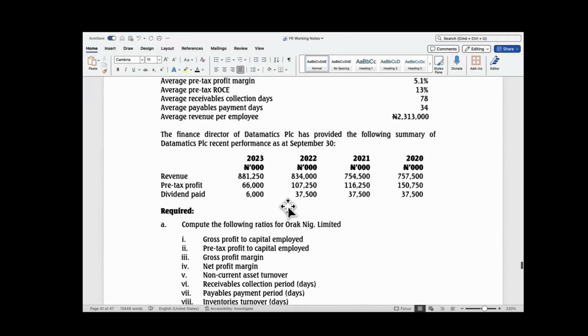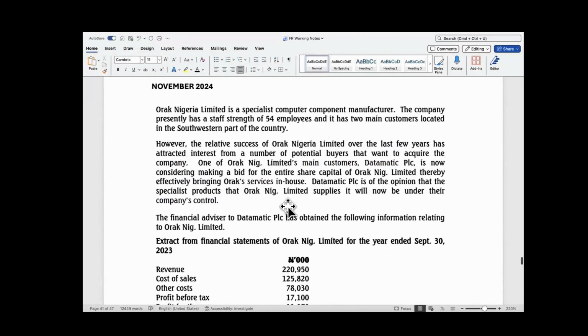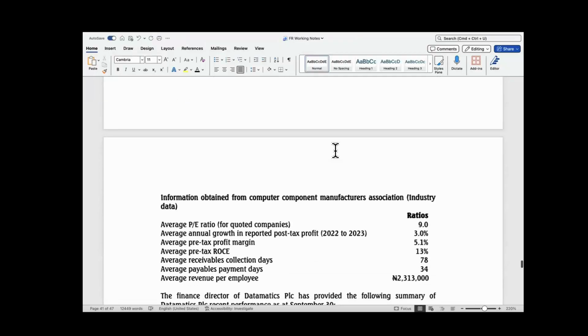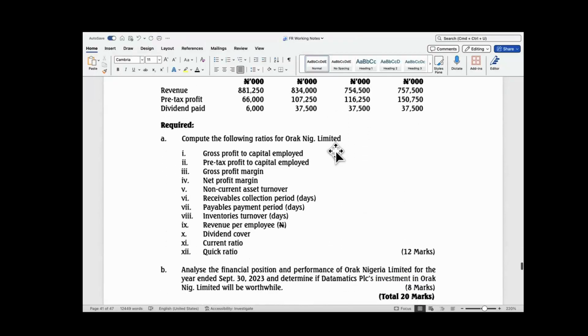So, still on ratios, on past questions, we're solving November 2024 in the last period, and we're asked to compute these ratios for Oracle Nigeria Limited, which we have done for 12 marks.